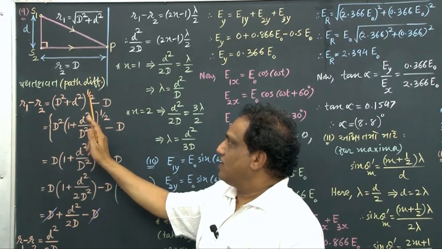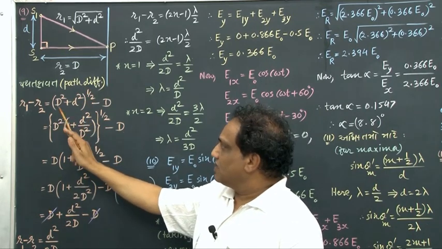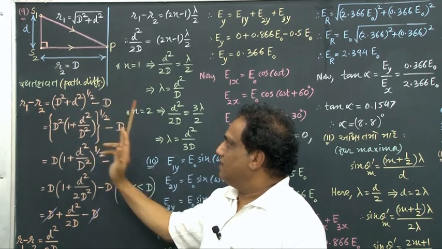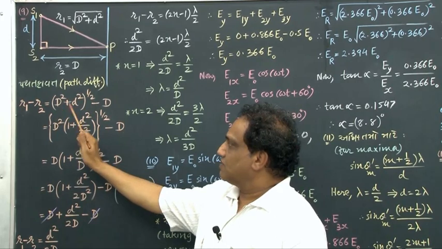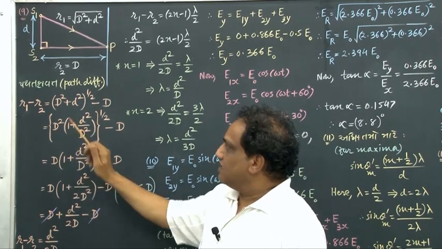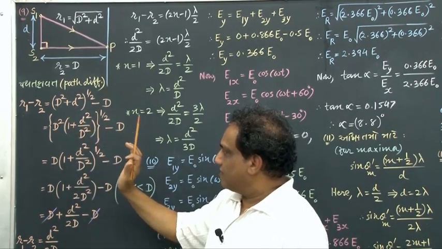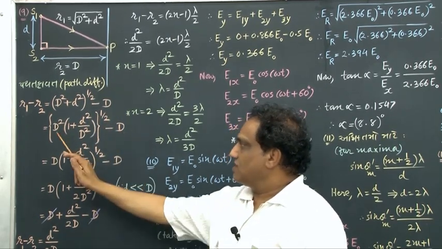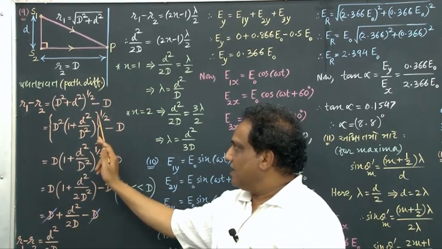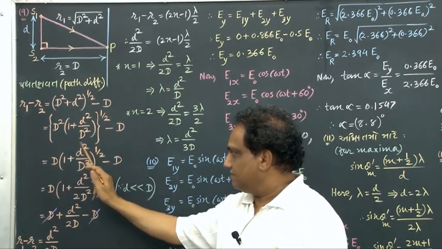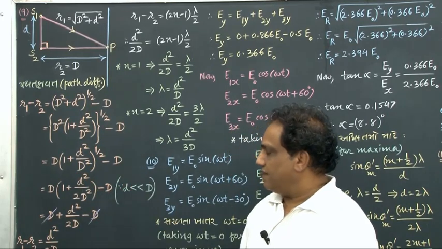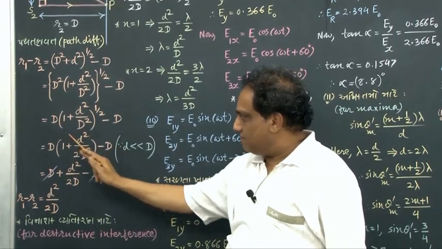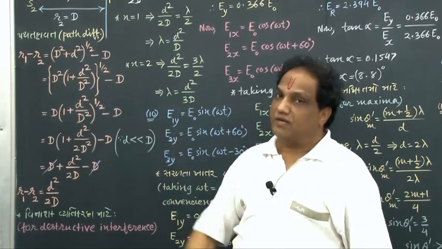Instead of under root I have taken power 1 by 2: d square plus D square whole raised to 1 by 2, minus R2, and R2 is nothing but capital D. Now from these two terms, if you take D square common, then inside the bracket 1 plus d square upon D square, whole raised to 1 by 2, minus capital D. Now D square square root will be D, and the rest I have written here, minus capital D. Now expand this term according to the binomial theorem.